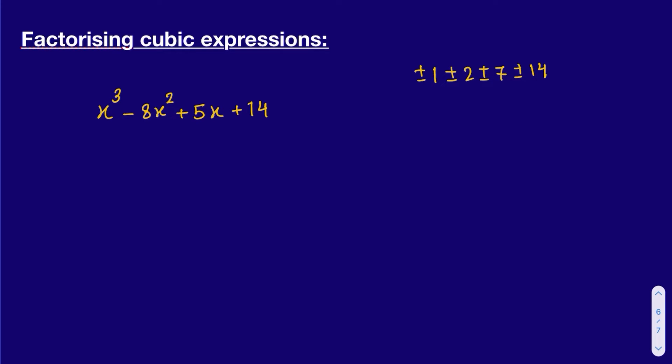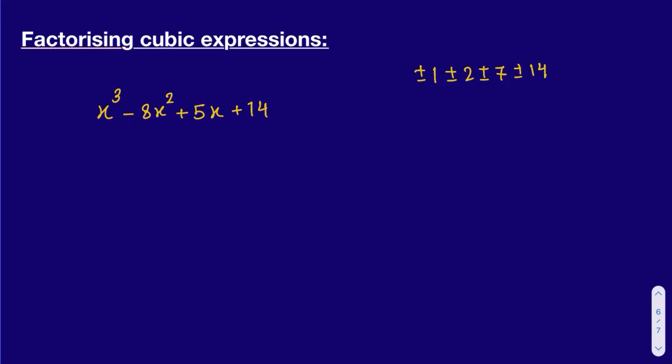So we need to try one by one each of these numbers until we get to the correct number that is one of the roots of this polynomial, or one factor, so that that number can set this cubic expression equal to 0.